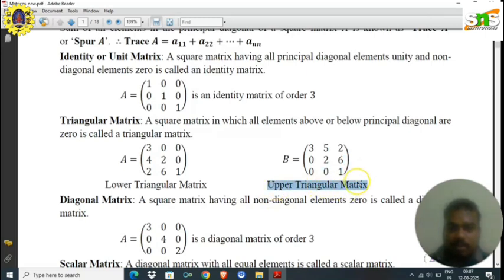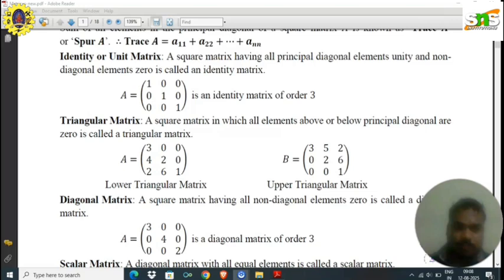Let us see the next type, the triangular matrix. A square matrix in which all elements above or below the principal diagonal are 0 is called a triangular matrix. That is, except for the diagonal elements, all the elements above or below are 0.